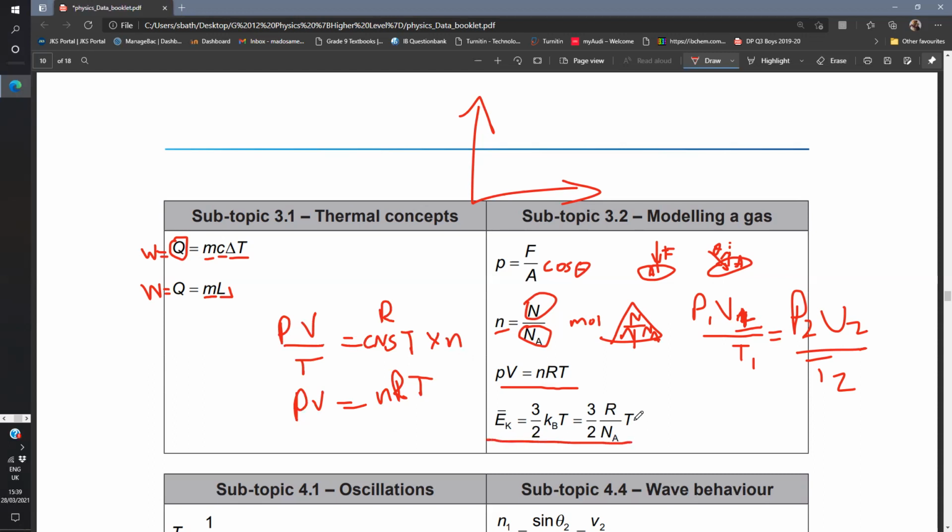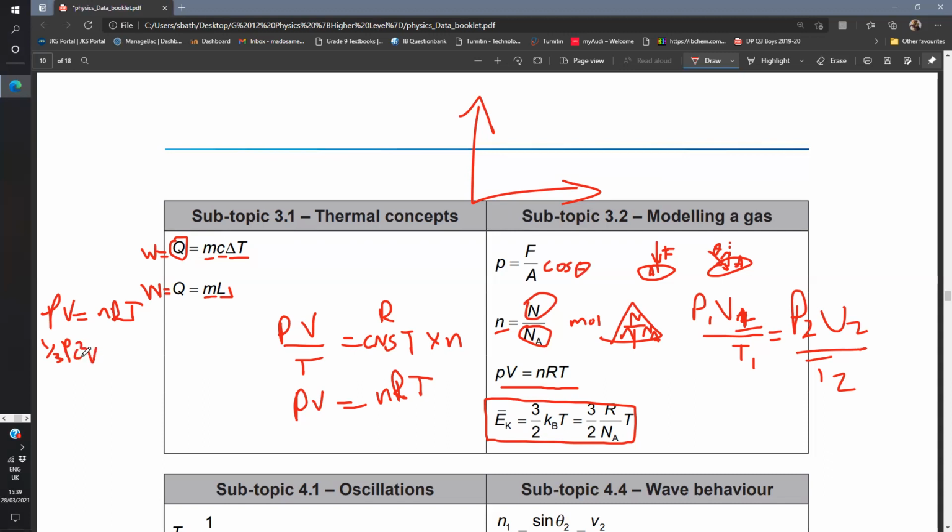And now in terms of the Boltzmann equation, this can also be derived from this equation. So I'm just going to do it here quickly. PV is equal to nRT. And so the pressure is equal to 1/3 rho c squared.